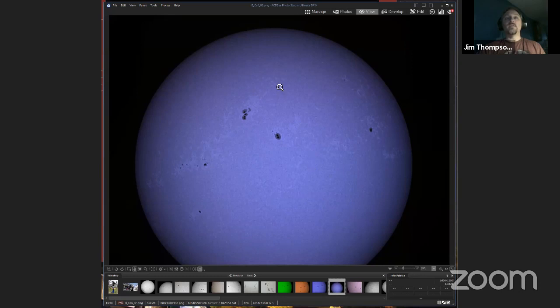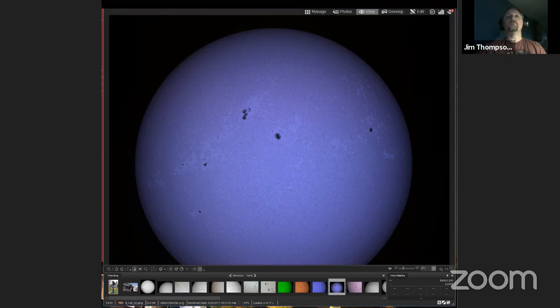This image was captured using the same camera. I've added color after the fact. It was taken as a monochrome image. But I've captured thousands of frames from the video camera and then used software to combine the best of those frames to make a sharper, clearer image. But we may talk about that a bit more later this afternoon.